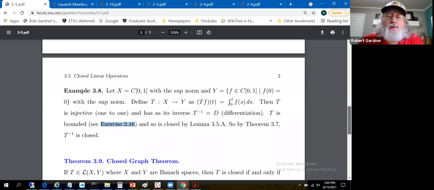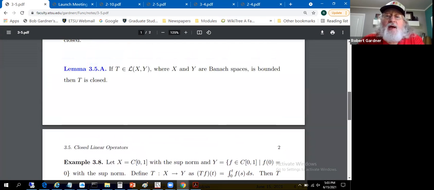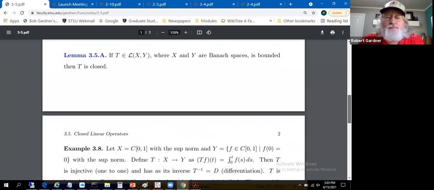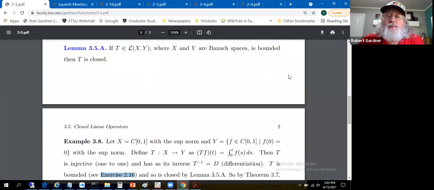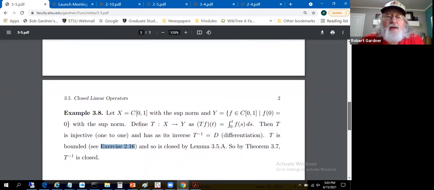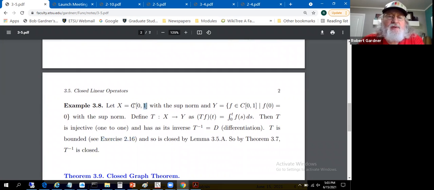So if we have bounded transformations on Banach spaces. This is a Banach space. I'm a little less clear on the fact that Y is a Banach space. The sup norm helps with such things, but it's a closed subspace, so it must be itself a Banach space.